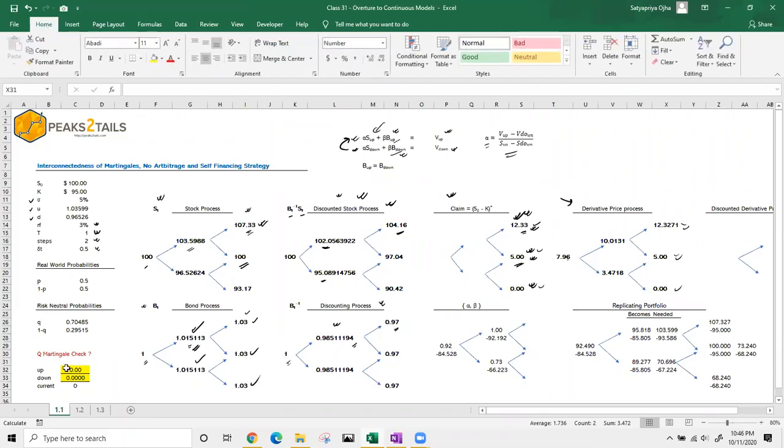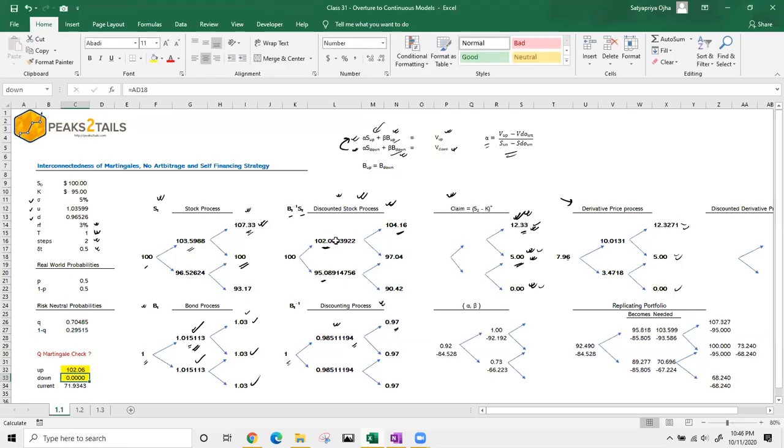So I have here a Martingale checker, basically. It does nothing. You just put two future states in, and it will calculate the expectation under Q. So Q times up plus 1 minus Q times down, and whatever that value is, it will show here. So this is the formula basically. Let me put a couple of values.